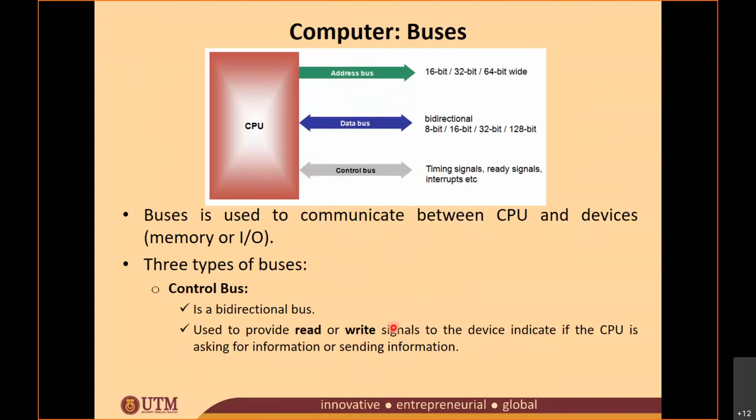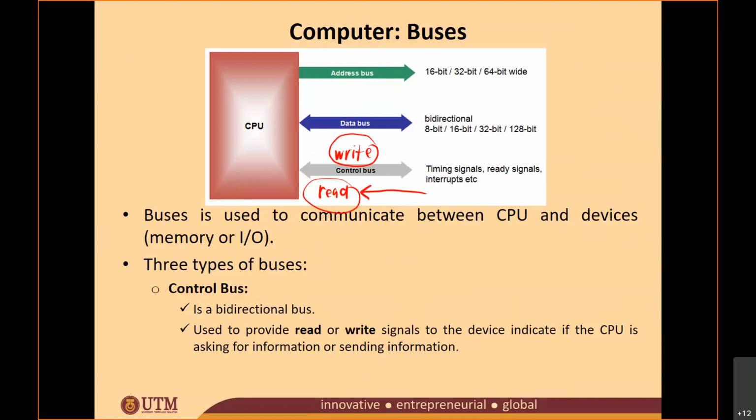Okay, so yang ni sebagai controller lah, sama ada dia akan terima signal read ataupun write. Kalau CPU dapat terima signal read, CPU tu tahu yang dia nak baca data daripada luar masuk ke dalam CPU. If you put a write signal, what happens here?